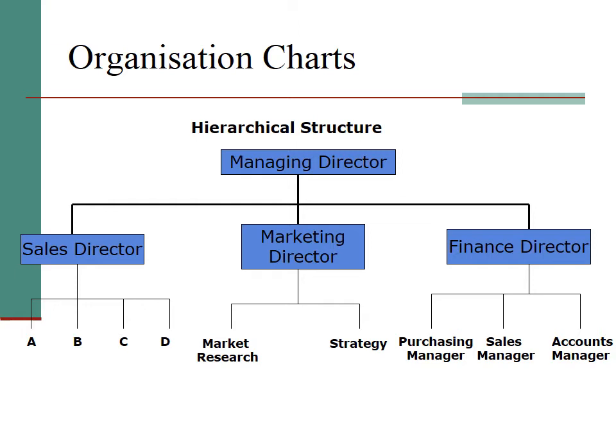So they've got a sales director, a marketing director, and a finance director, and it's up to each business to decide which way to define these. And you can see that the sales director has 4 employees under their control. The marketing director has 2 areas which might have several people below it, and the finance director has 3 managers below him.